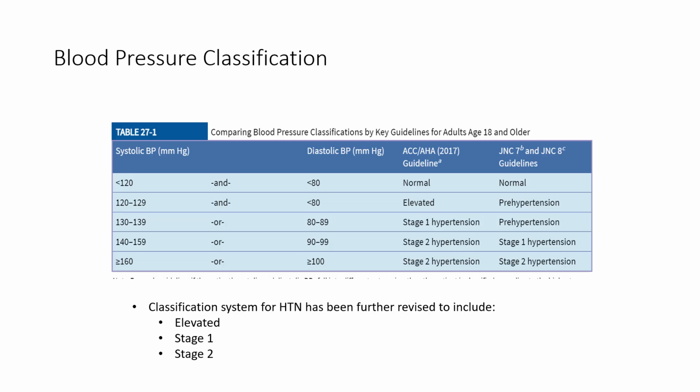This just looks at the guidelines for the ACC and AHA and the JNC 7 and 8 and their classifications of prehypertension or elevated versus their stage 1, stage 2 blood pressure diagnoses of hypertension.